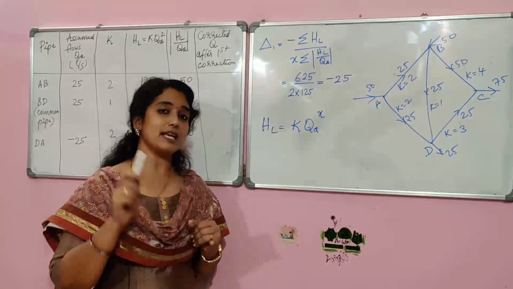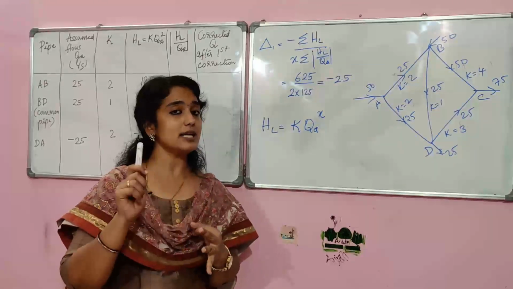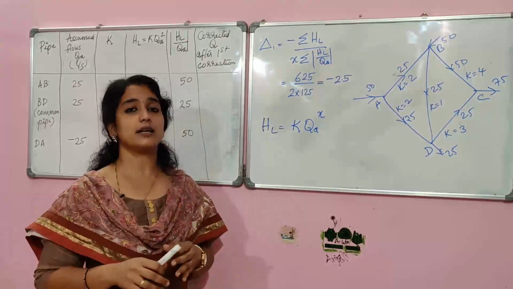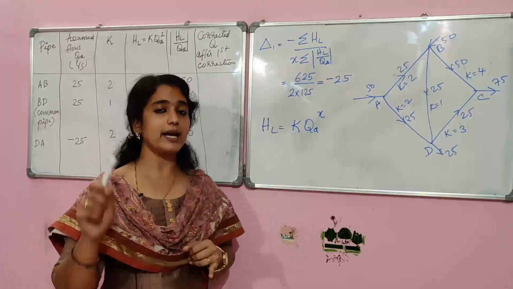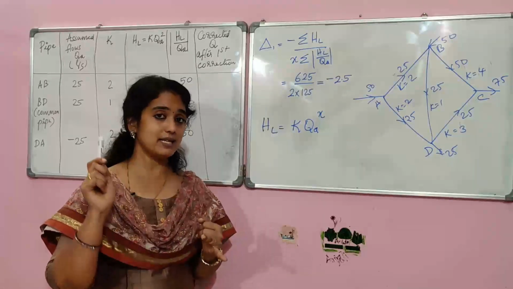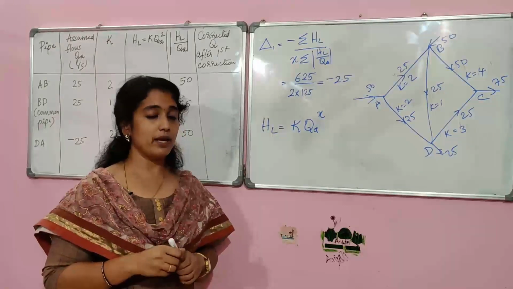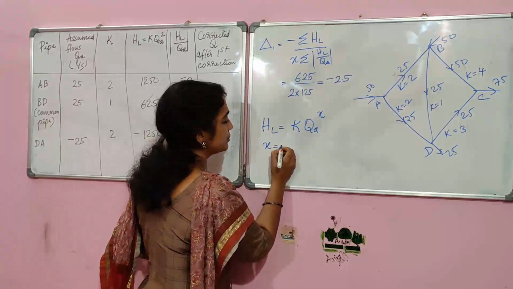The first one is the Hazen-Williams formula, second is Manning's formula, third is the Darcy-Weisbach equation. Here in the question itself it is told that the flow is turbulent and the pipe is rough. So we have to use Manning's formula. For Manning's formula, X will be equal to 2.